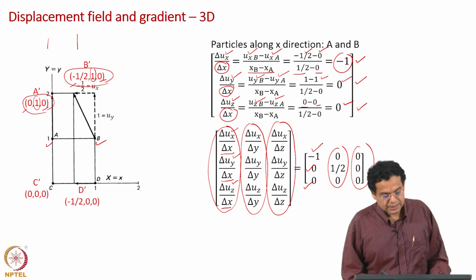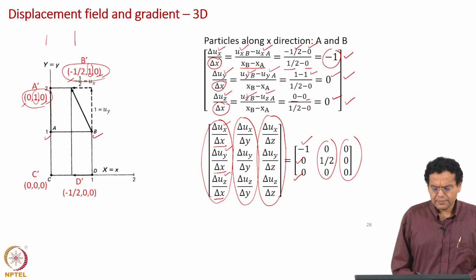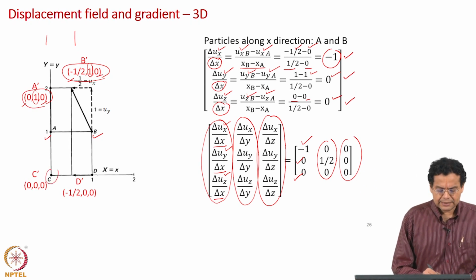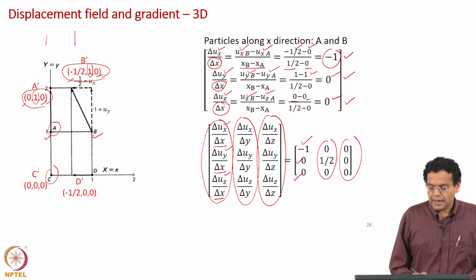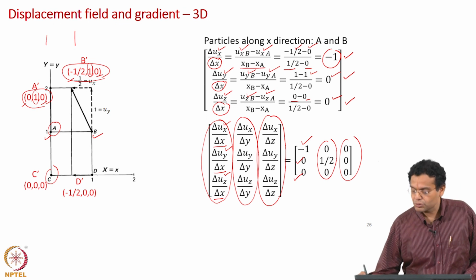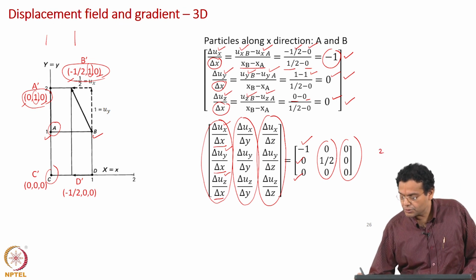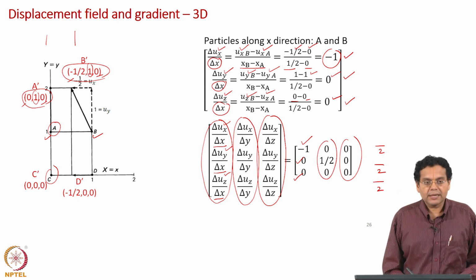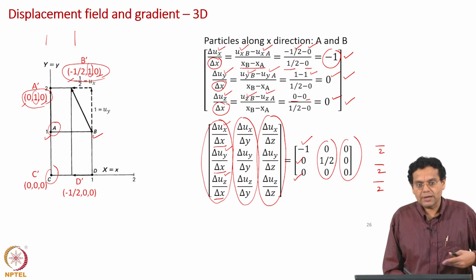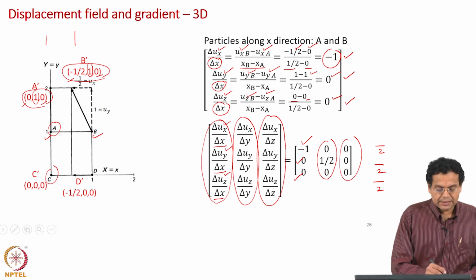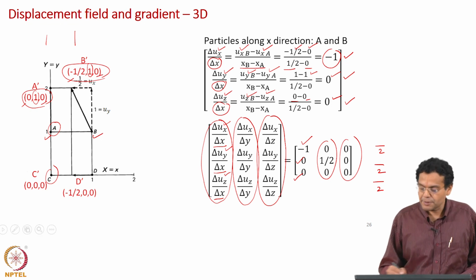Okay. So, if you consider particles along y axis, let us say c and then a, and the final distance between c and a is 2. So, all the denominators are 2, then 2 and then 2. What about numerator? You should consider difference in x, y, z displacements. If you consider c and a, the difference in x displacement is 0.